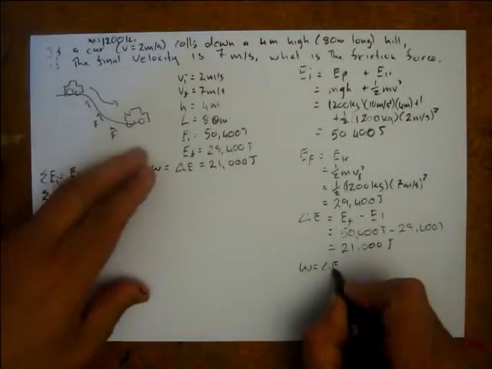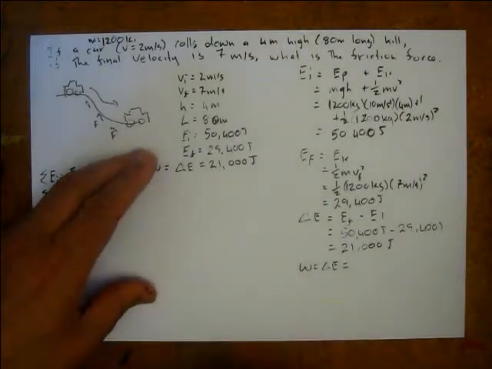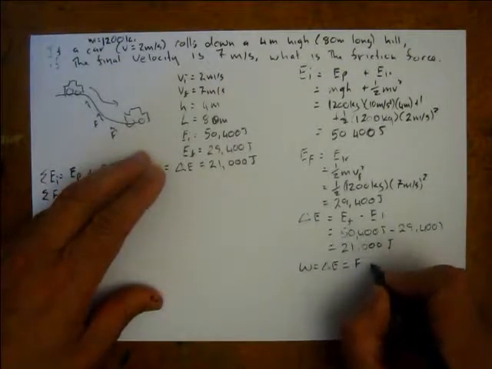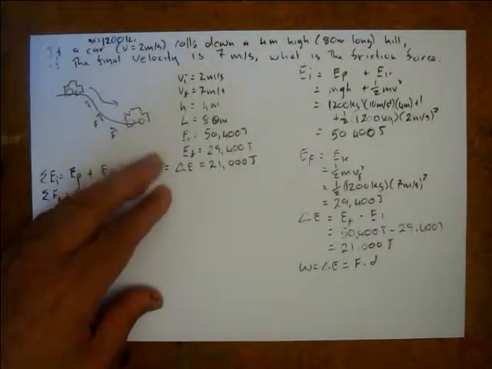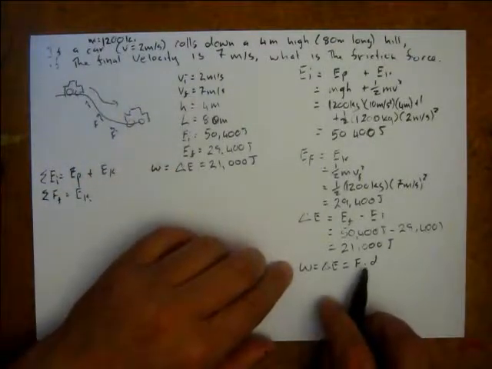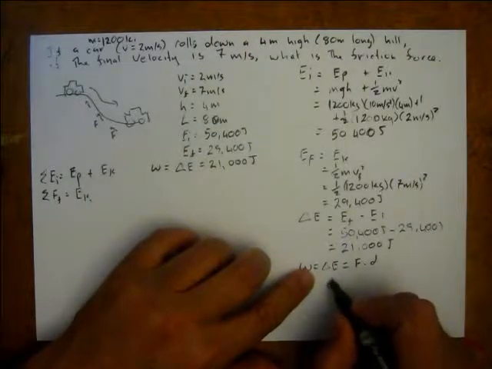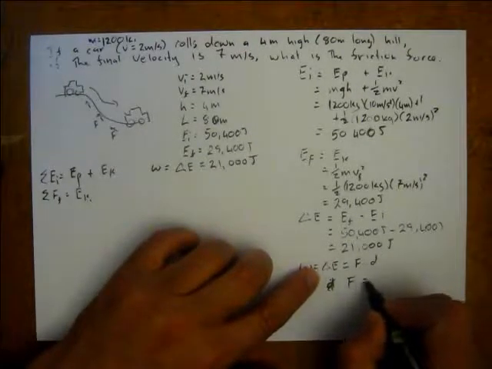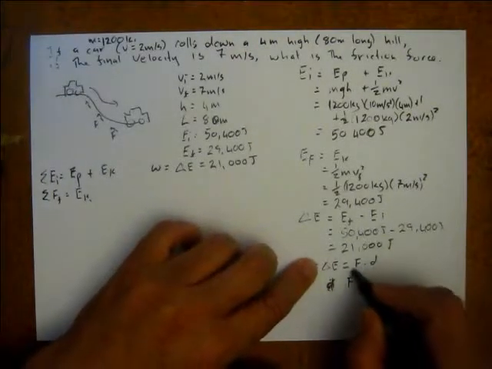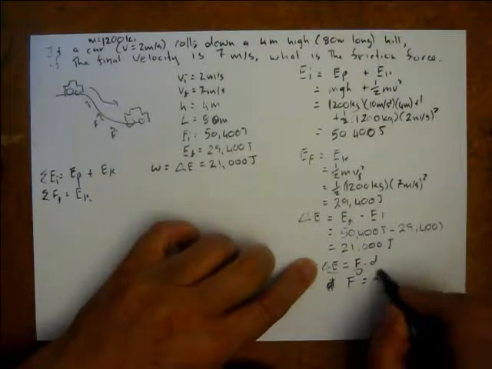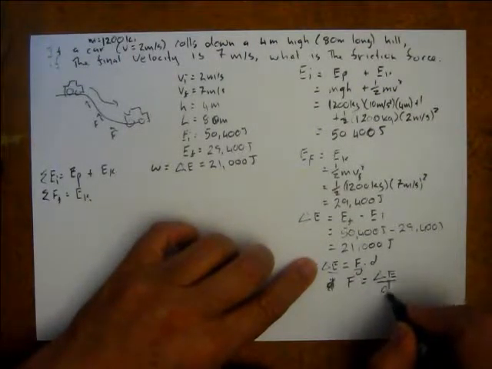Work is equal to change in energy, but work in a mechanical sense is equal to force times distance. So if I rearrange this, force, that's what I'm after, force is equal to the change in energy over the distance.